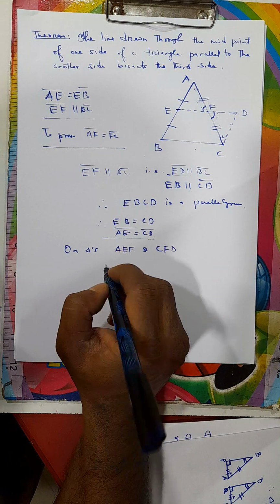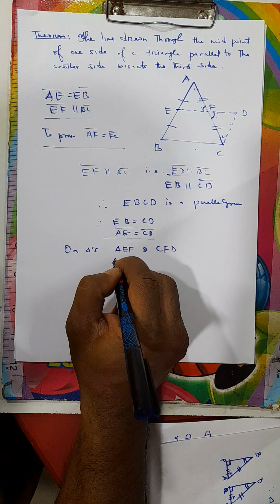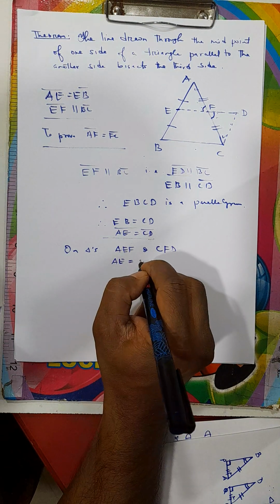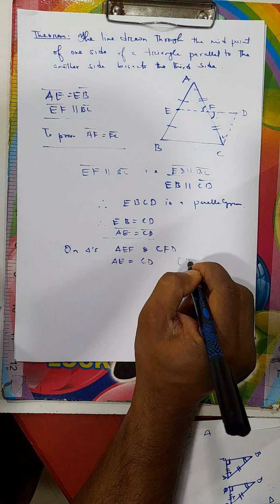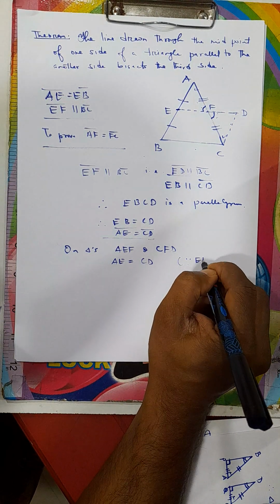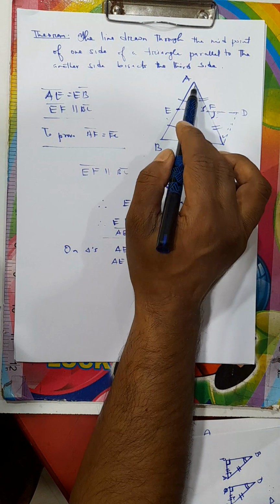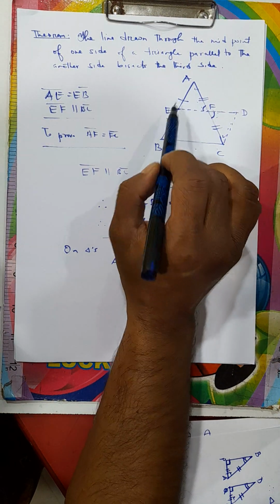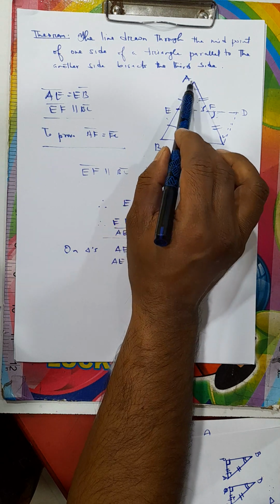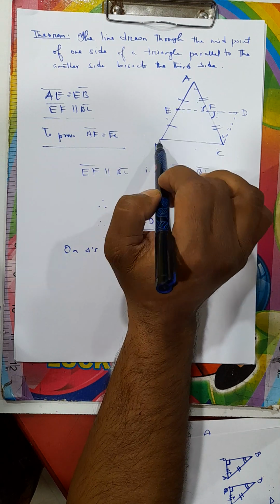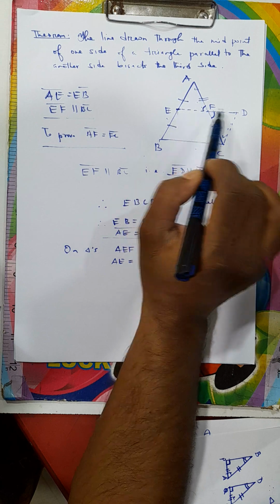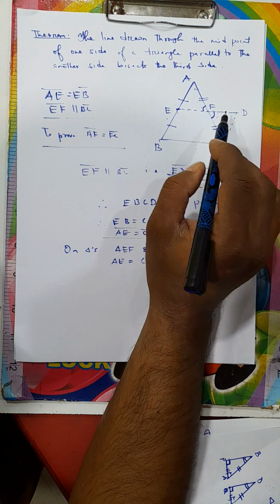So you find that AE equal to CD, since EB equal to CD. EB equal to CD means AE equal to CD. Since E is the midpoint of AB, AE equal to EB. So EB equal to CD means AE equal to CD, right?